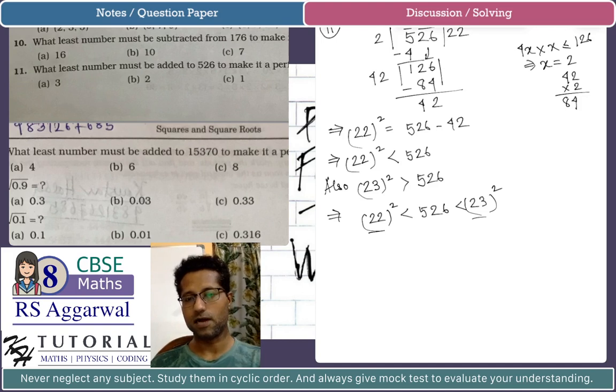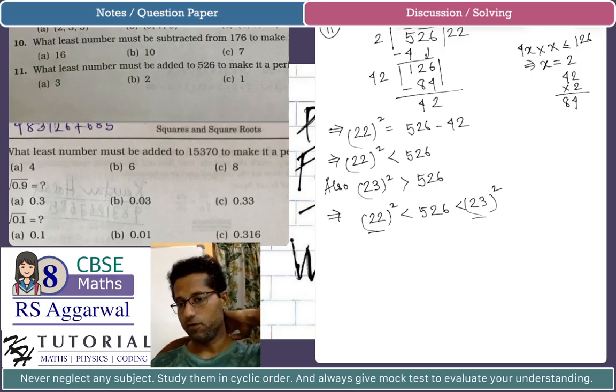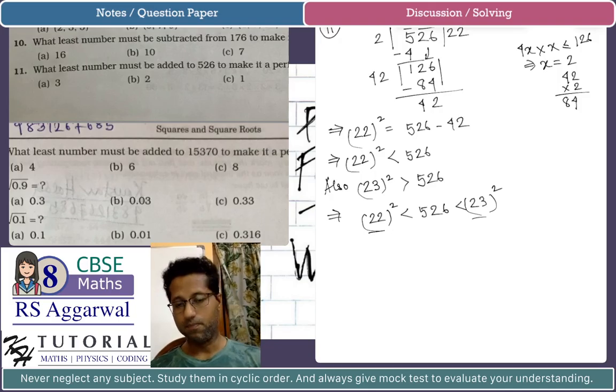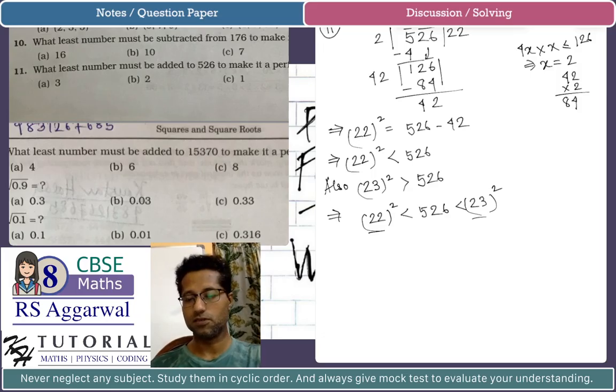The question is asking what least number must be added to 526 to make it a perfect square. That perfect square has to lie between 526 and 23 whole square, and we know that between 526 and 23 whole square there cannot be any number which is a perfect square. So the next number after 526 which is a perfect square has to be 23 square.